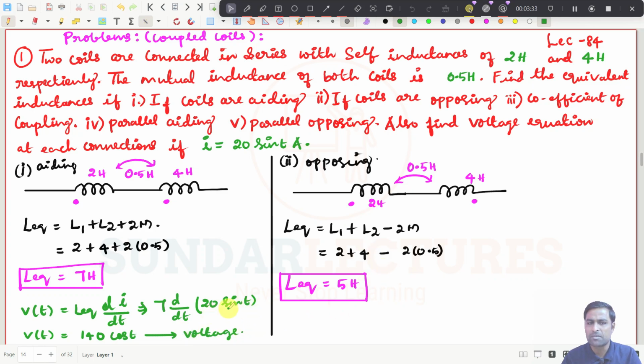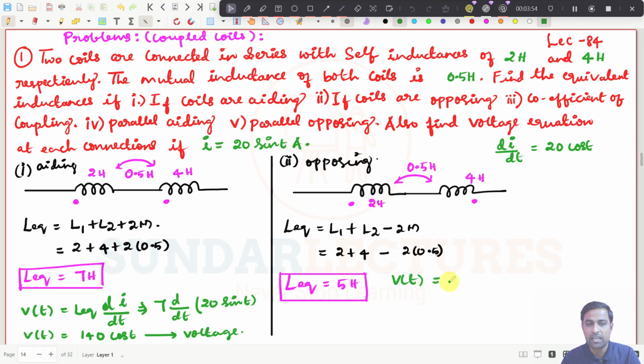Same thing, if you differentiate this once, I will write it down anyhow. di by dt, this value will be constant. The value will be 20 cos of t, and you need to multiply. What is the voltage expression here?